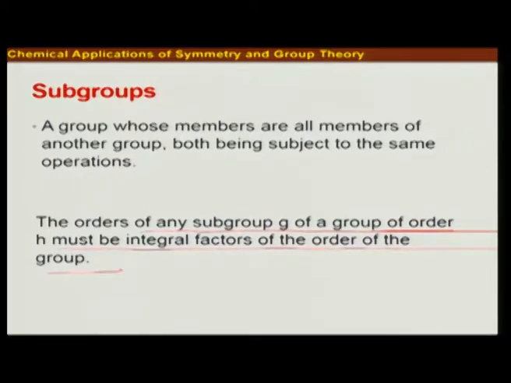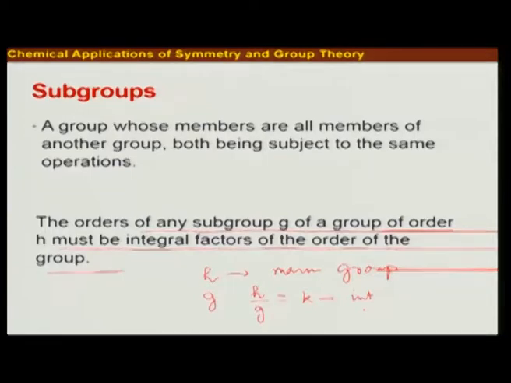So in other words, suppose I have the main group having an order H. If there is a subgroup, its order should be such that, if the order is G, then H by G equals K, where K is an integer. That is the condition of formation of subgroup G.